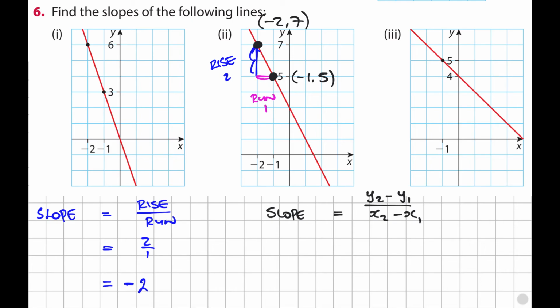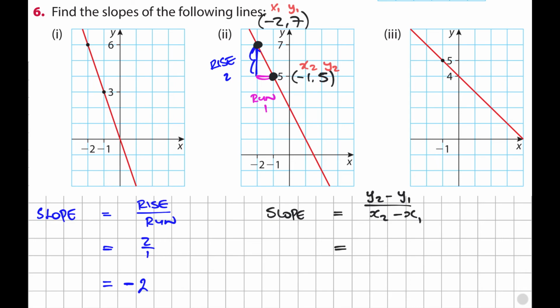So I need to label them x1, y1, x2, y2. I'll just fill in those values now.